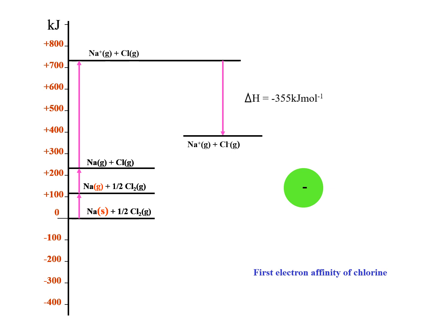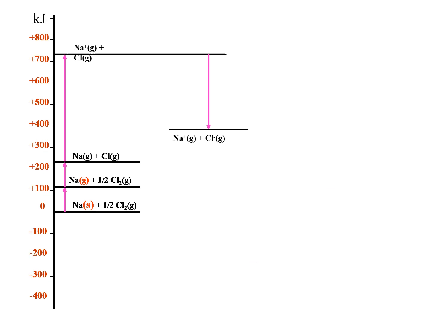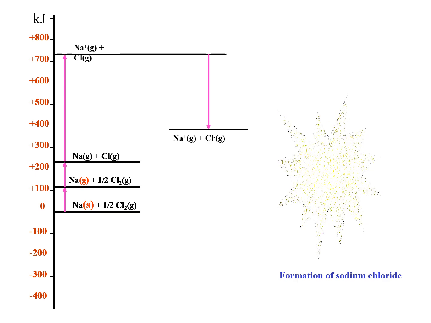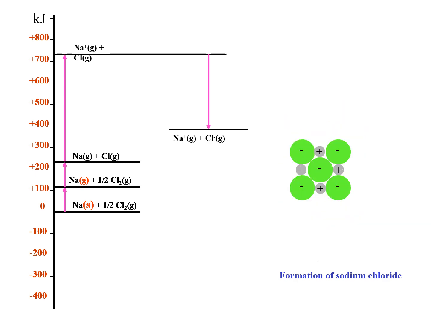The next arrow we can add to our Born-Haber cycle is to include the enthalpy of formation of sodium chloride. So if you go back to the beginning, you've got solid sodium and a half Cl2. If you just combine them together, it's the enthalpy of formation of sodium chloride. So here's your sodium, here's your chlorine, stick them together, boom, you end up with sodium chloride.